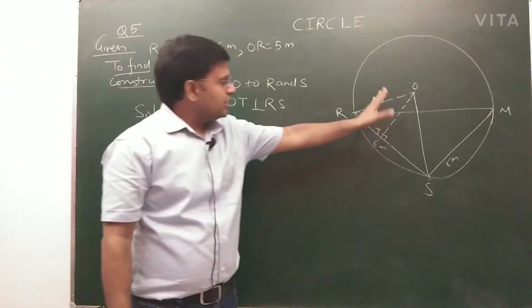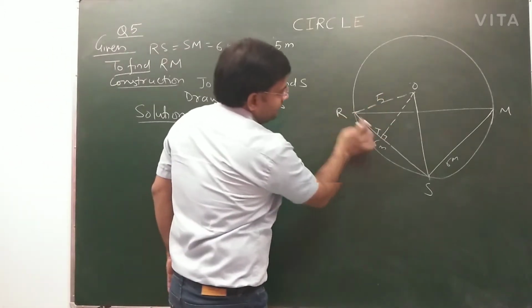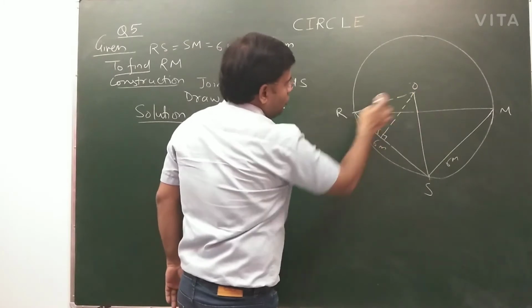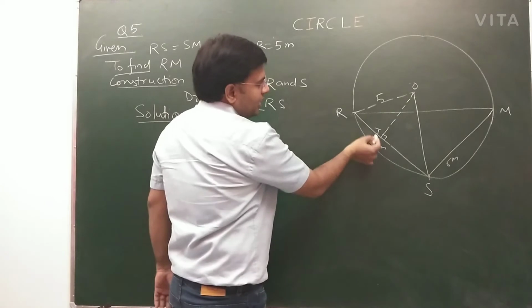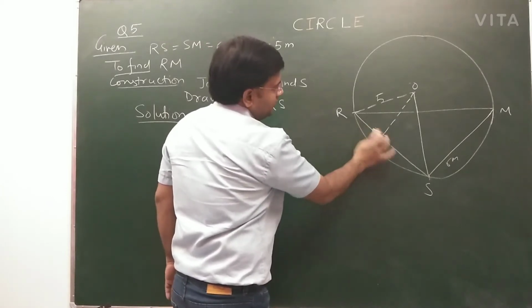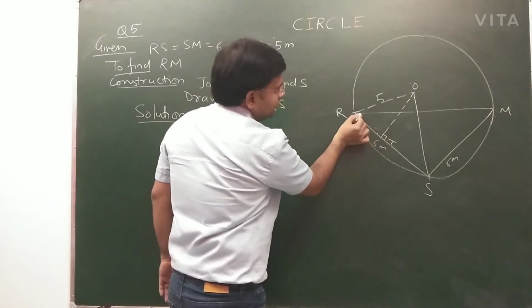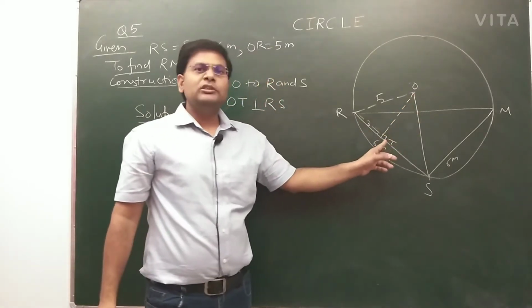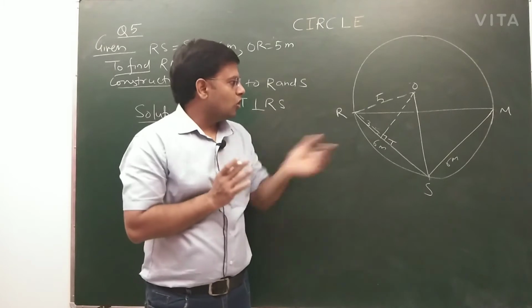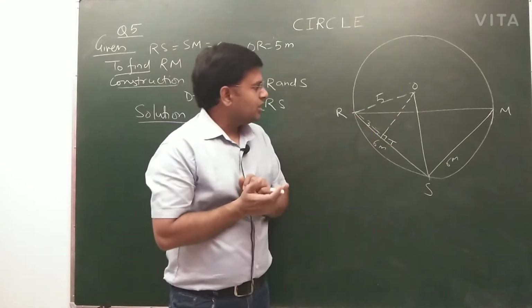So now we start our solution. Now you see in this triangle ORS, this OT is perpendicular, and you know this is T, let's say here. So this will be 3, because any perpendicular from the center bisects the chord. So this is 3, this will also be 3.